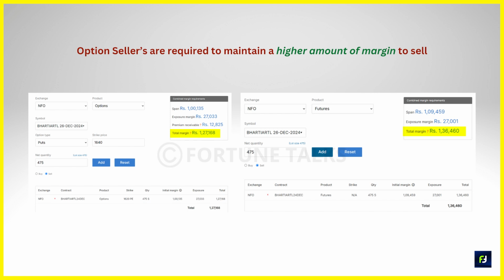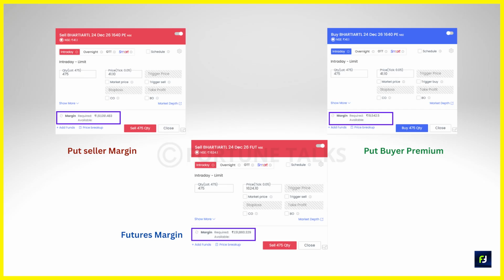It is also mandatory for an option seller to maintain some of this margin as cash in their account. The margin requirements for an option seller are almost similar to the margin requirements for a futures contract. This is usually done to reduce the risk of default. Here I have attached a screenshot of the margin requirements. You can see the difference for yourself.